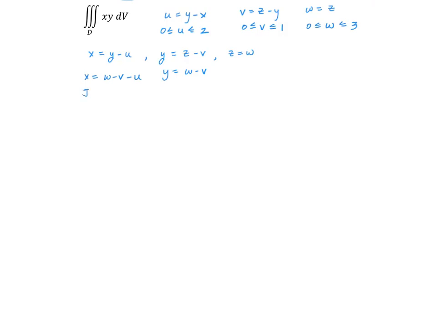The Jacobian of u, v, w is, when I look at my partial of x with respect to u, v, w, it's going to be -1, -1, 1. When I look at the partial derivative of y with respect to u, v, w, it's 0, -1, 1. Partial derivative of z with respect to u, v, w will be 0, 0, and 1.